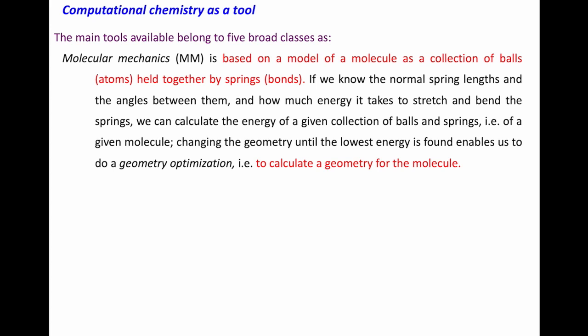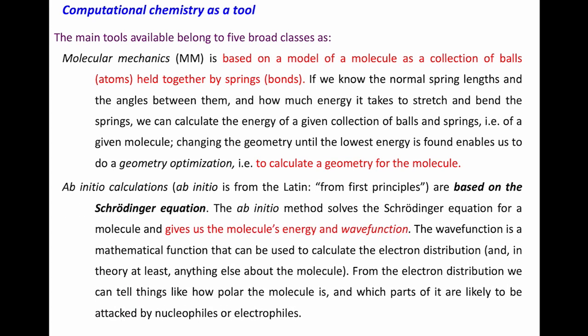When we bend the bond, the bond angle also changes. By stretching, bending or compressing, we can see the bond length and bond angle changing, and from that we can find the geometry of the molecule. So to find the geometry of a molecule, we use this method.